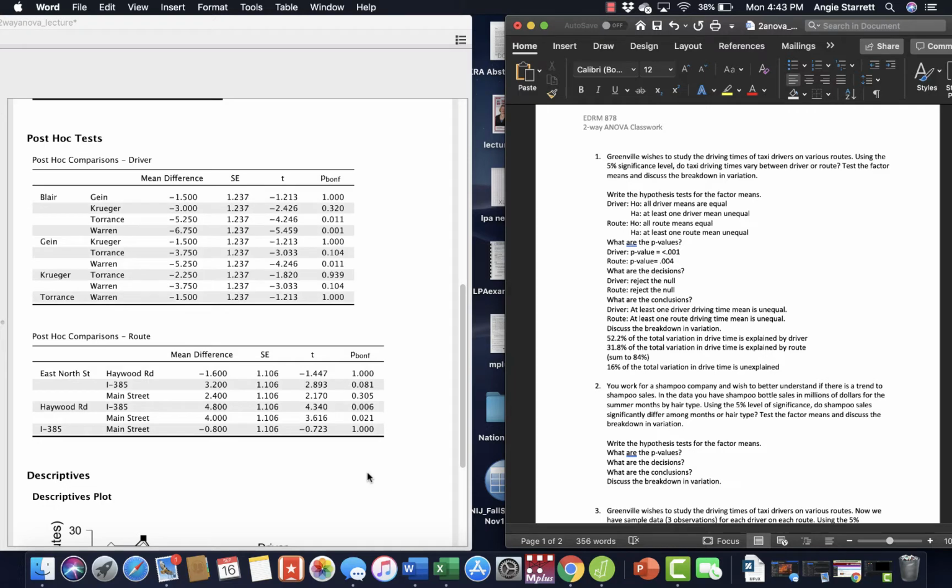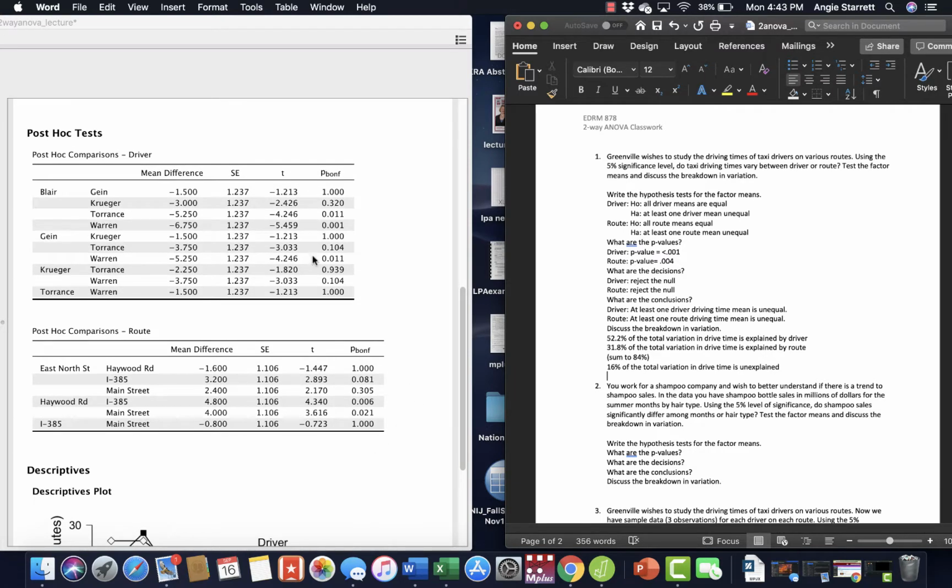So we can look at our post hoc test. Notice here we can get two-way comparisons between our drivers. So I could ask you, do Blair and Torrance significantly differ? We see a p-value of 0.011, so Blair and Torrance do significantly differ.